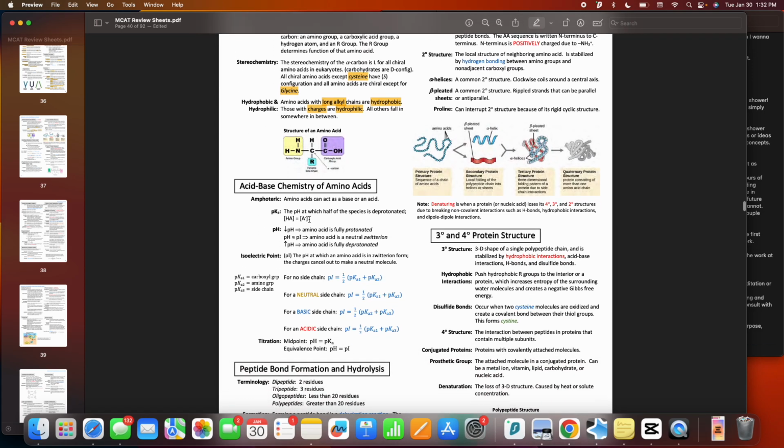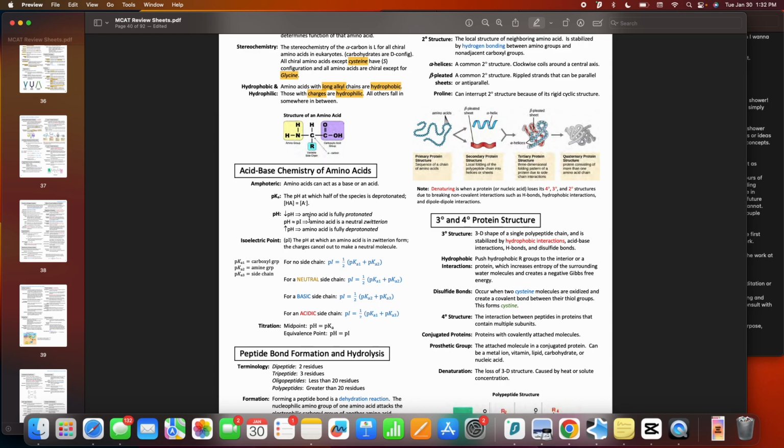Now we have the acid-base chemistry of amino acids. We have amphoteric, which means amino acids can act as a base or an acid. The base part comes from the amino group, and the acid part comes from the carboxylic acid. And we have pKa, which is the pH at which half of the species is deprotonated.